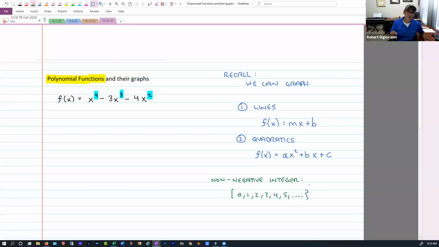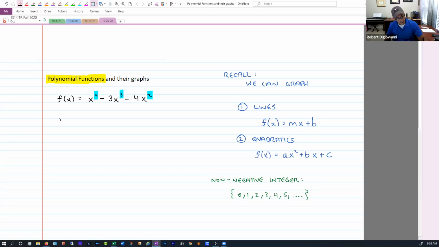So a non-negative integer is one of your counting numbers, like 1, 2, 3, 4, 5, but it also includes 0. Notice that all of the powers on x here are non-negative integers. That's what you need in order to have a polynomial. You have to have a bunch of terms with x's in them, and the powers on those x's have to be non-negative integers. There's no restriction on just how big the power can be.